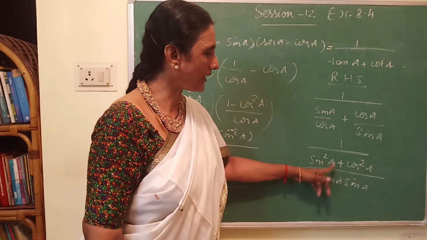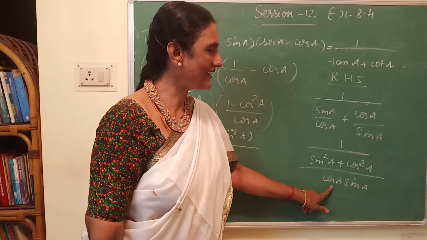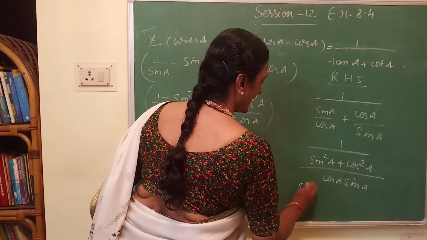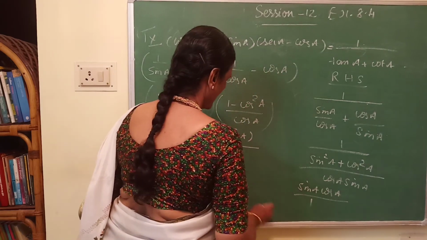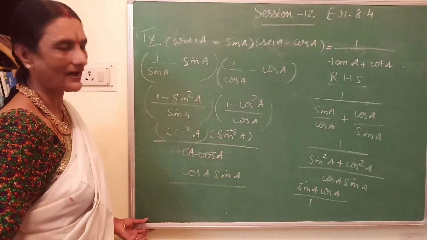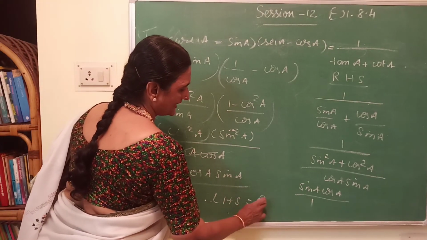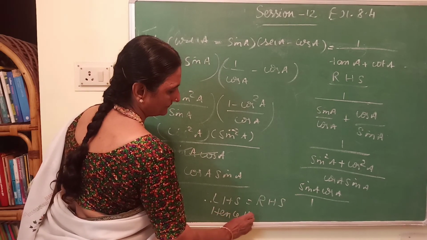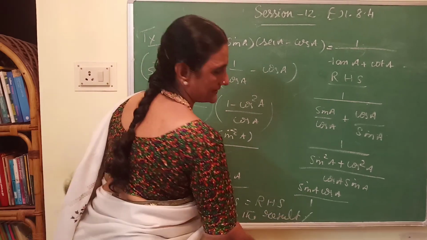So we have got 1 divided by 1 by cos A sin A, and then sin A cos A goes to the numerator, and you will get sin A cos A by 1. So this is the same as our LHS. Therefore we can write LHS is equal to RHS. Hence the result is proved. Hence the result, you have to write.